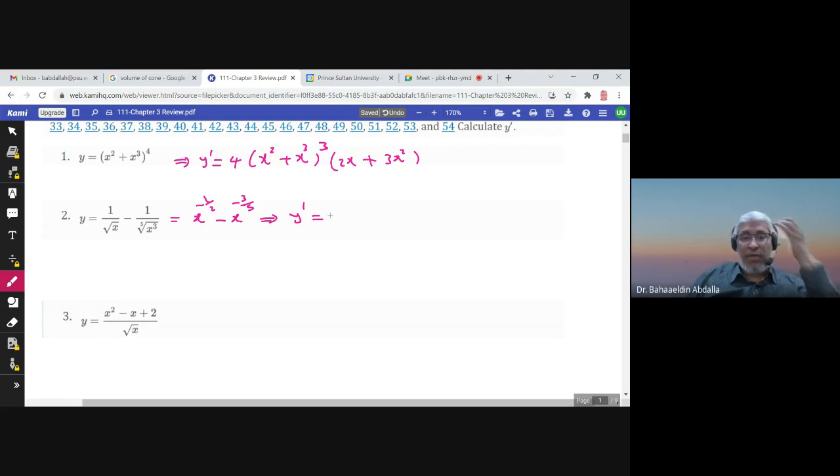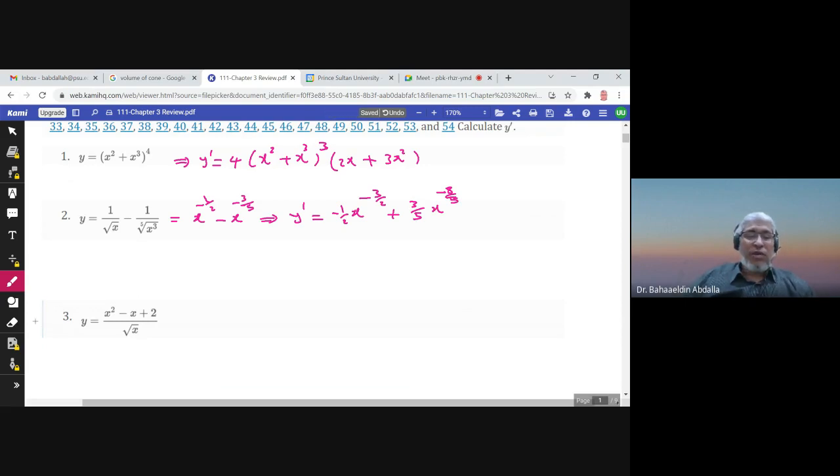It is negative half x to the power negative half minus 1, and this is negative 3 over 2. And negative 3 over 5 times minus, so it would be positive 3 over 5 x to the power negative 3 over 5 minus 1, which is negative 8 over 5.